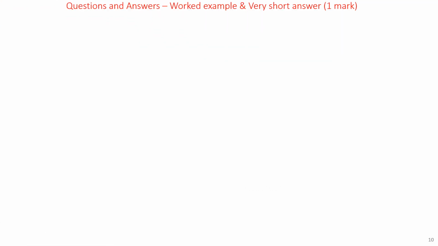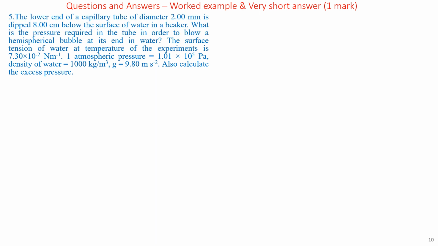Now we will take up one more worked example and then quickly glance through the very short, that is 1 mark questions. Question number 5. The lower end of a capillary tube of diameter 2 mm is dipped 8 centimeters below the surface of water in a beaker. What is the pressure required in the tube in order to blow a hemispherical bubble at its end in water?